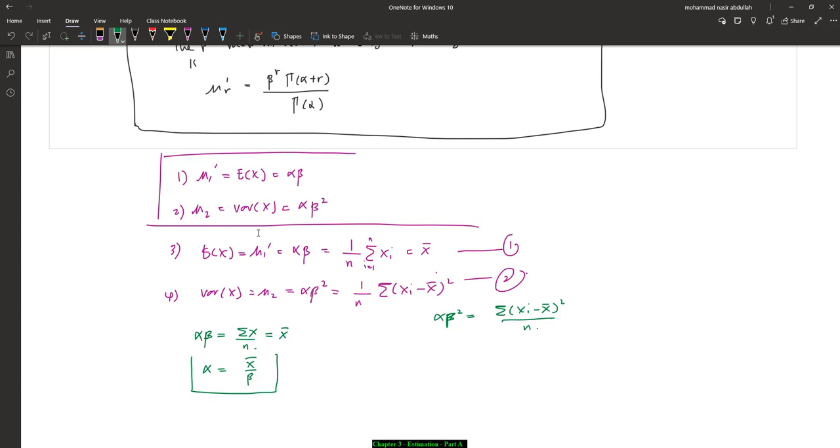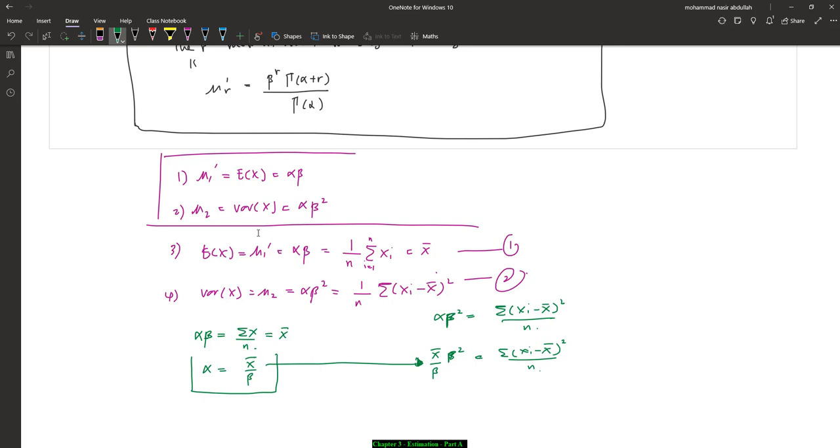And we know that alpha is equal to x bar divided by beta, multiplied with beta squared, right? So I just replace this one to here, right? So this one should be summation of xi minus x bar squared divided by n. So since we only have one parameter here, we can solve the equation.